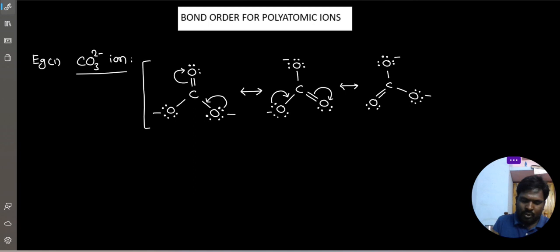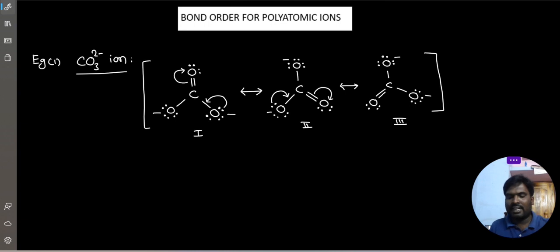Now how many resonance structures are possible here? Three resonance structures possible: 1, 2, 3. Understood?